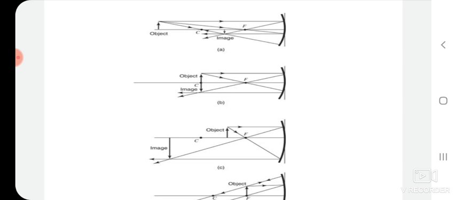If O is equal to 2f, at point C, the image is inverted, the same size as the object, and located at 2f, that is, the distances of both the object and image to the mirror are equal.